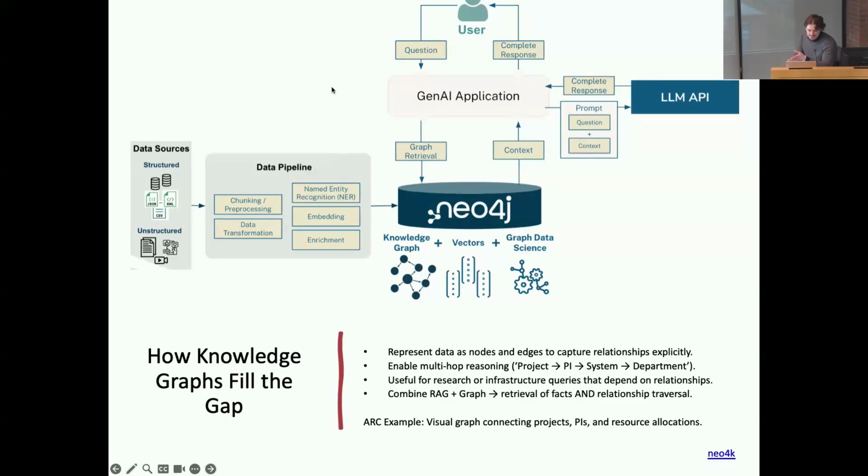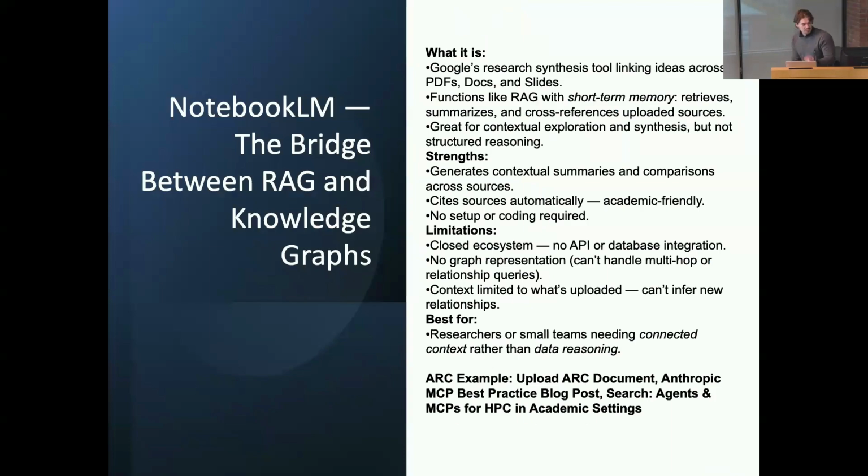We won't go too in depth on this, but just know that if we are looking for something above retrieving documents, and we want to create relationships and understand these, and provide them back to the people, then we go with something like this. We will be skipping the quick tutorial again of NotebookLM, just because we're running short on time.